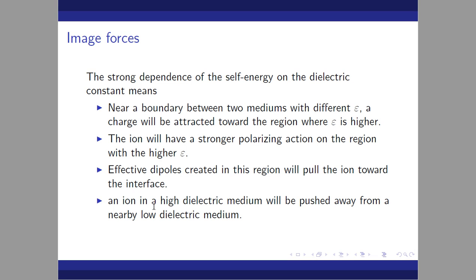And an ion in a high dielectric medium will be pushed away from a nearby low dielectric medium. So the low dielectric medium will push this ion, meaning that the ion will not pass into this low dielectric medium.